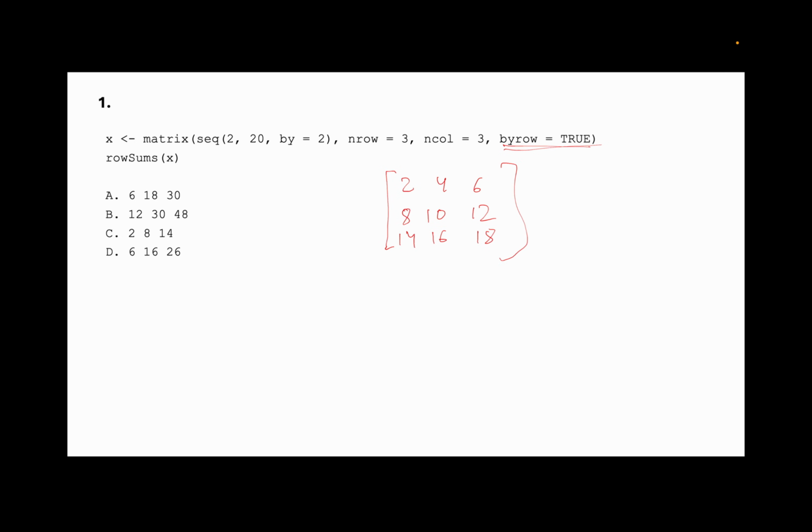This will be the resulting matrix. Now it is asking what will be the output of rowSums. So B will be the answer. Yes.